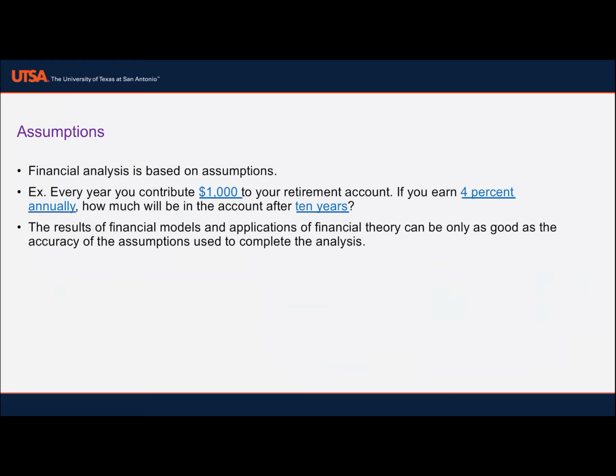So, assumptions. Financial analysis is based on assumptions. For example, every year you contribute 1,000 to your retirement account. If you earn 4% annually, how much will be in the account after 10 years? So time 1, time 2, time 10. Every year you contribute 1,000, 1,000, 1,000, and you're earning 4%.